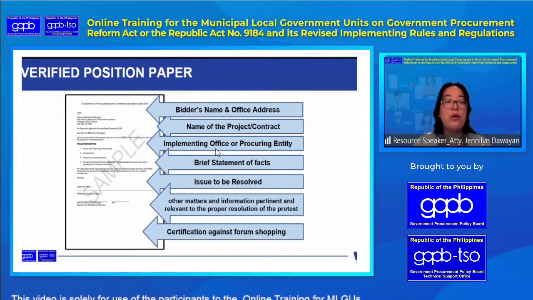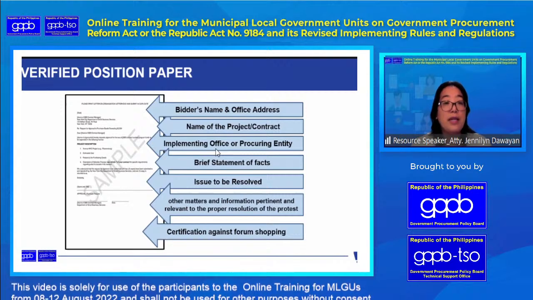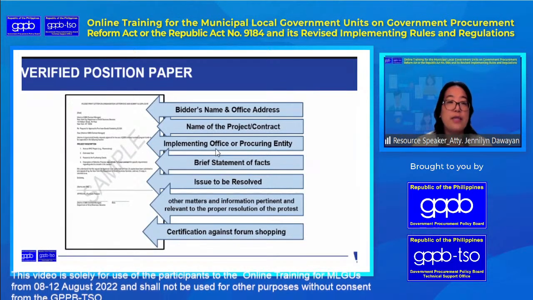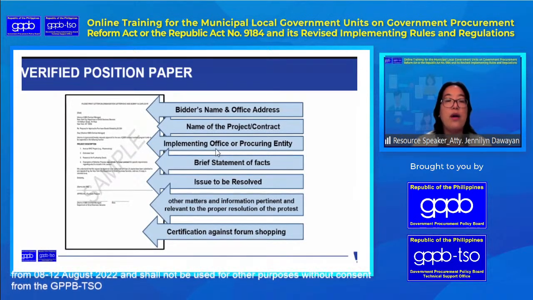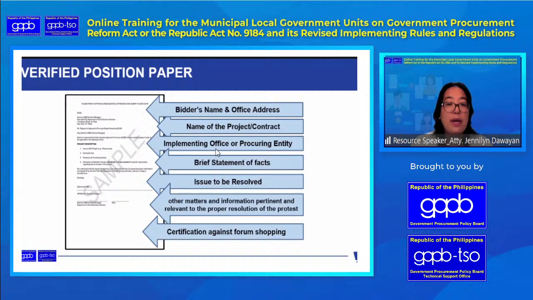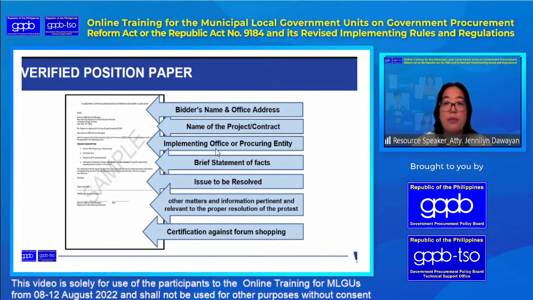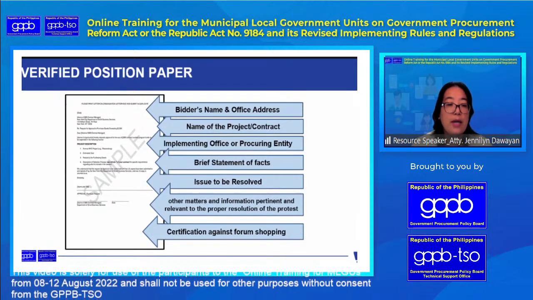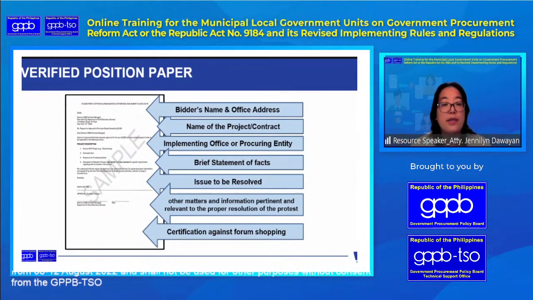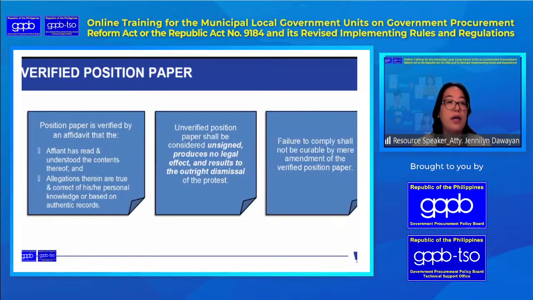The issue that must be resolved should be stated clearly, like for example, dinenay ng BAC yung RR, yung request for reconsideration nila, and other matters and information pertinent to the proper resolution of the protest. And then of course yung sinabi kanina that it must be accompanied by a certificate against forum shopping.